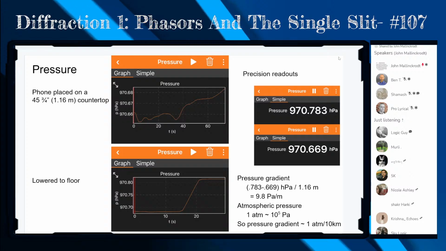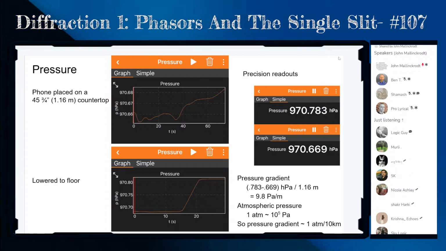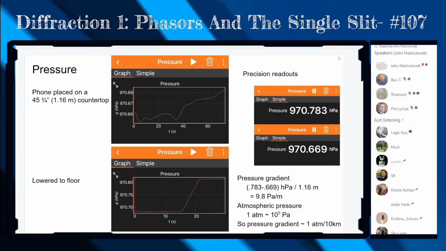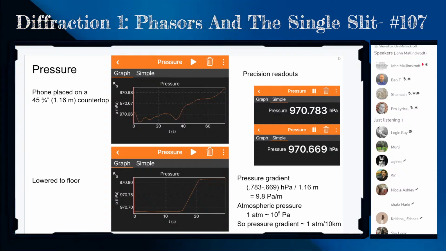And to really drive that home, on the lower graph, what I did was I let the phone record the pressure for 10 seconds, and then I lowered it to the floor. Notice that the scale on that second graph has a range of about 0.1 Pascal, whereas the range of the other one was about 0.02 Pascal.